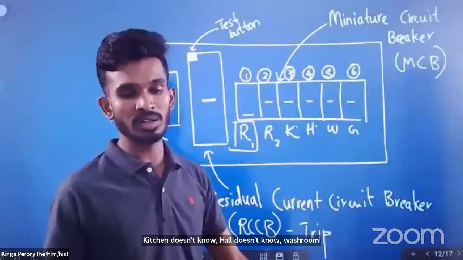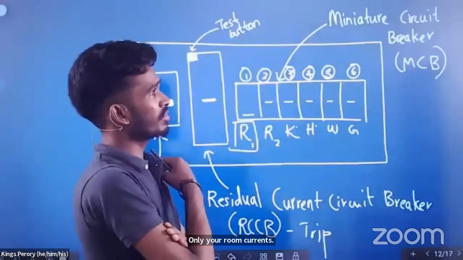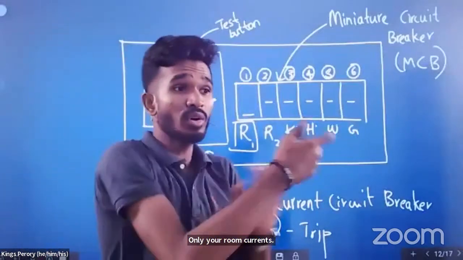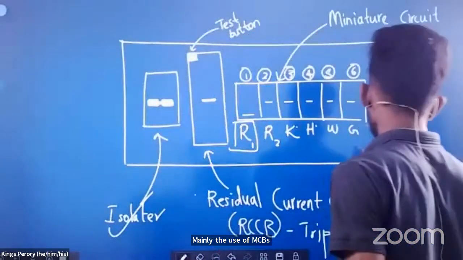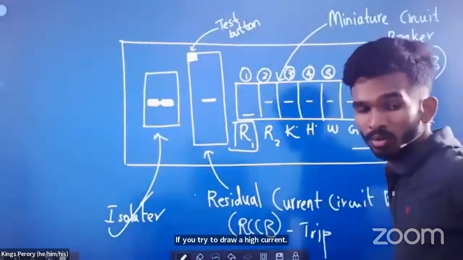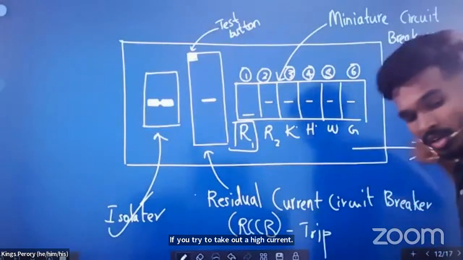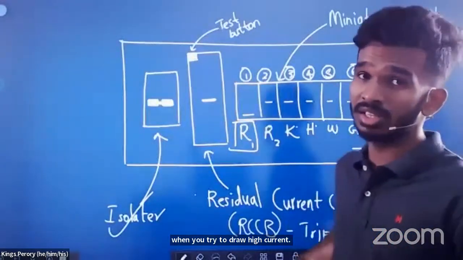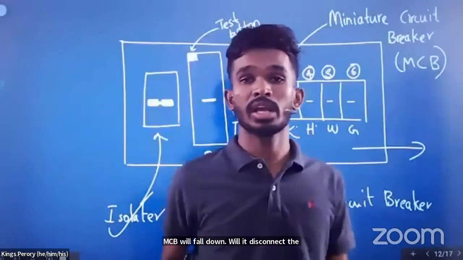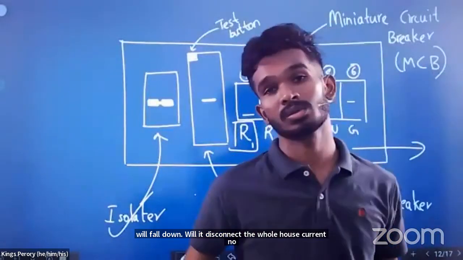Only your room current goes. Mainly the use of MCB is if you try to draw a high current, it will fall down. Will it disconnect the whole house current? No. It will only disconnect the current coming into one place in your house.